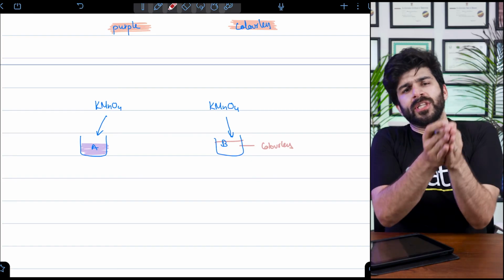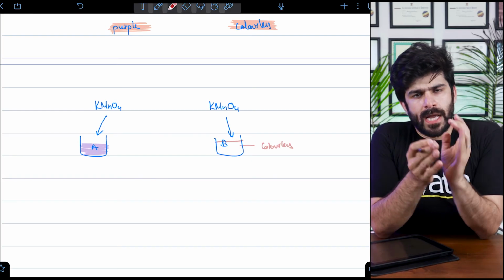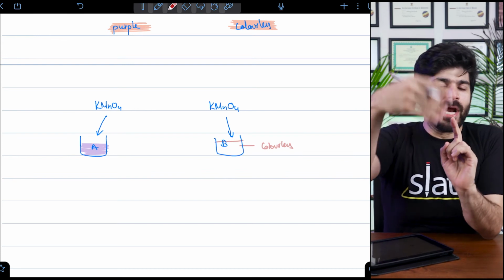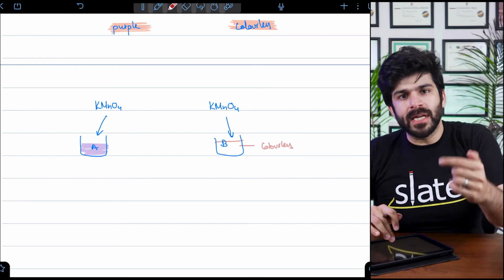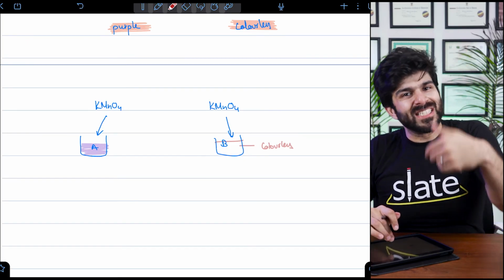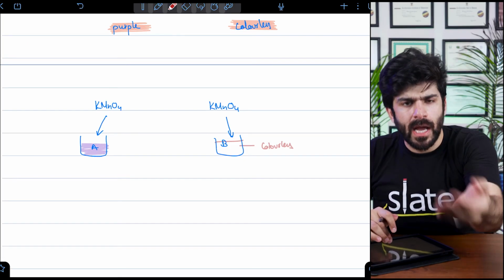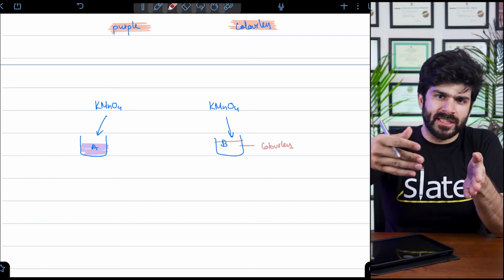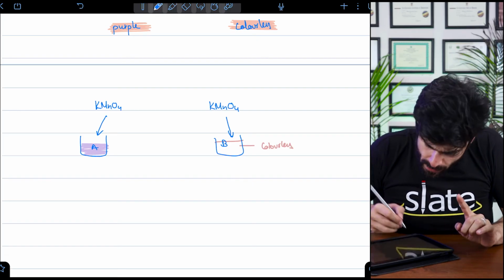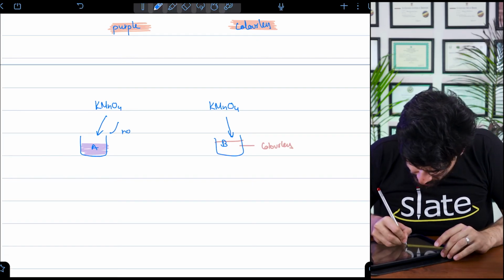So KMnO4 is an oxidizing agent. It is going to oxidize something. That something will get oxidized. But that something is also reducing KMnO4. So something which is getting oxidized is the reducing agent. And since KMnO4 is the oxidizing agent, it is getting reduced itself. Now, here we see no reaction took place.